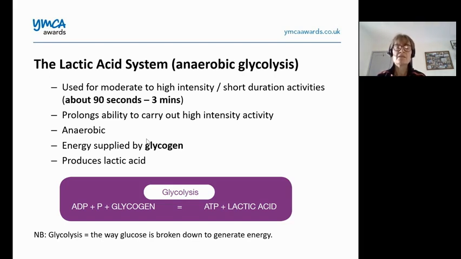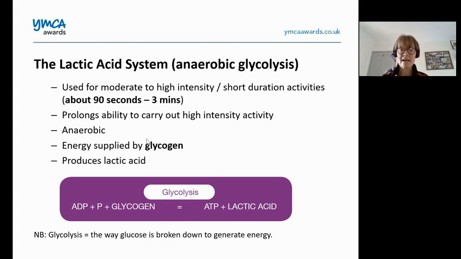And this starts to maximally work from about a minute or 90 seconds up to about 3 minutes. What this does is prolong the body's ability to carry out that high intensity activity that you started with the ATP-PC system. It's anaerobic, like the ATP-PC. They're both anaerobic, and the energy is supplied by glycogen, the breakdown of glycogen into glucose. It produces lactic acid, and this is where the problem comes with the byproduct.